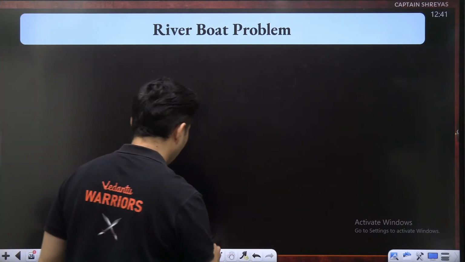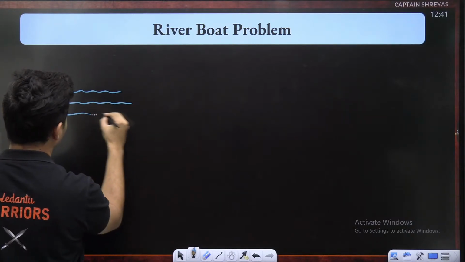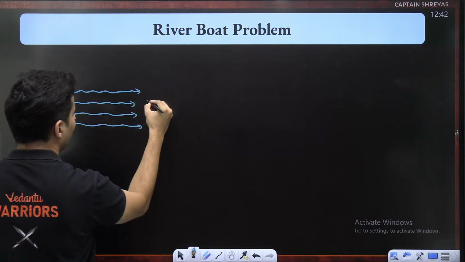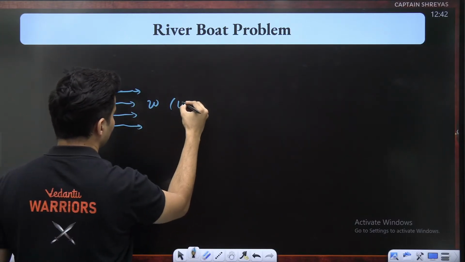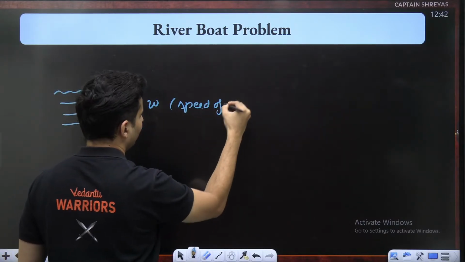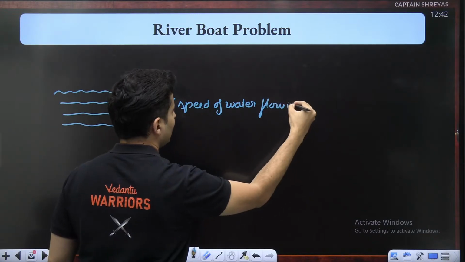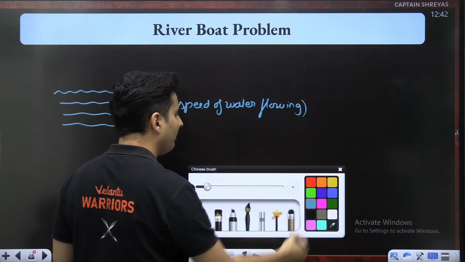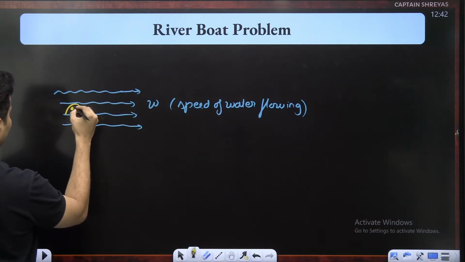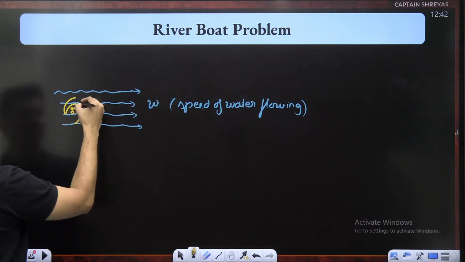What happens in river boat questions is you'll be having some river or some stream of water in a canal, and it will be flowing with W. This is the speed of the water flowing. Inside that, you might have a swimmer or a boat or anything. Maybe this is our Pandu who is trying to swim over here.